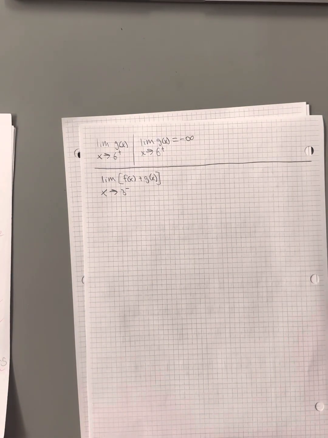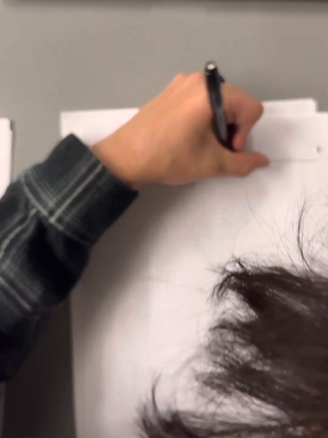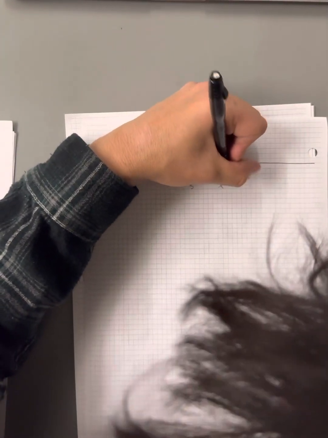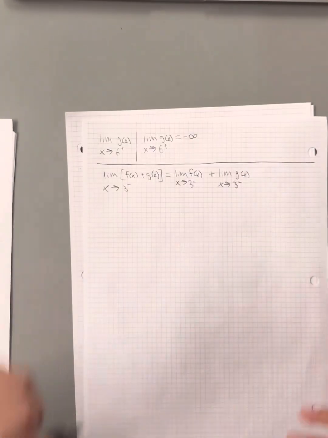And the limit property tells us that we can really just find the limit of f of x as x approaches 3 from the left, and just add that to the limit of g of x as x approaches 3 from the left.